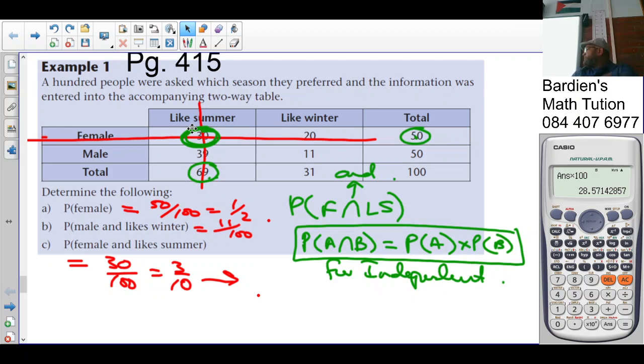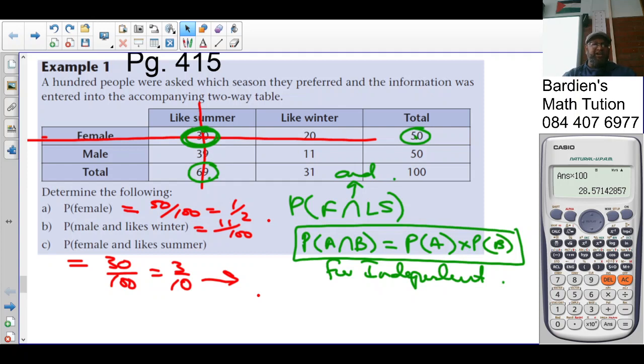So whenever you read the word independent, events are independent, you write this formula down. Or later on when they ask you to prove that events are independent, then we're proving this identity. It's a very, very important note to make. Highlight it.